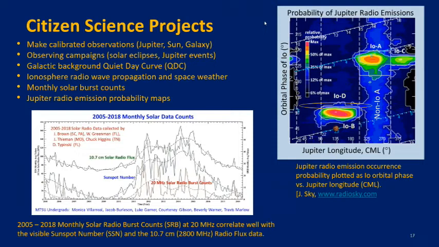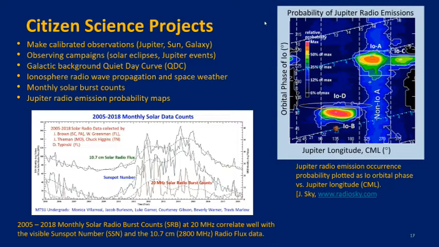We want to have people at their site make what we call a quiet day curve. So essentially, what's the galactic background level at your site? And we know that there is a latitudinal distribution of the ionosphere, the equator up to the pole.